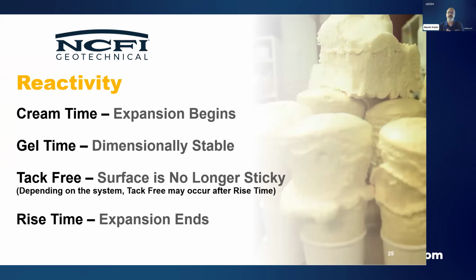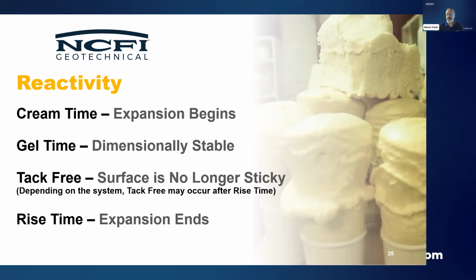So you're going to see liquid, and then you're going to start seeing wisps of different color, creamy color, inside that liquid. And this is obviously easier seen in the lab than in the field under a slab. But that's what our cream time means. Gel time is when it's dimensionally stable.